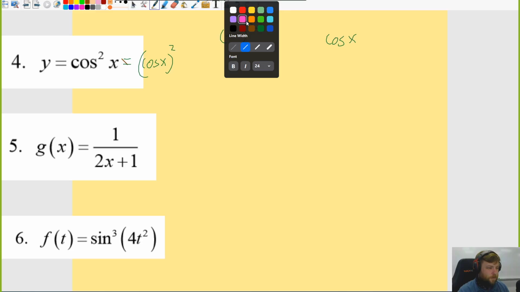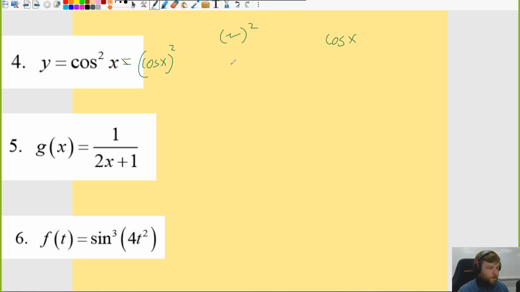So the actual derivative of this would be 2 times cosine of x times the derivative of cosine, which is negative sine of x. Could you leave it like that? Sure. Want to write it as negative 2 cosine of x sine of x? Go for it.